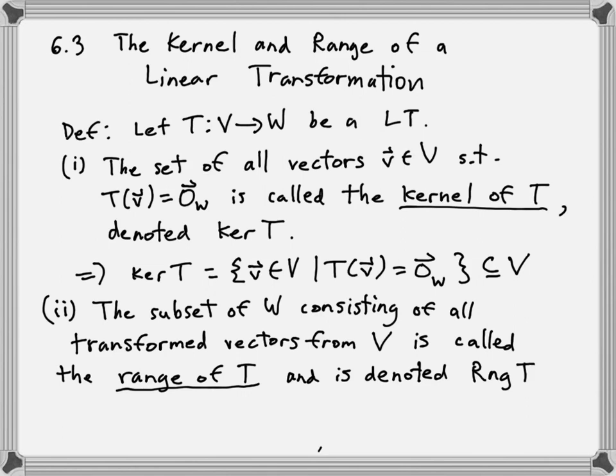Now, your book actually puts parentheses around the T. I don't necessarily need that to happen here. It's obvious if you're just doing one thing what you're talking about. So I usually think the parentheses are overkill. Just understand I might leave them off sometimes. We can clearly see that these are both subsets.